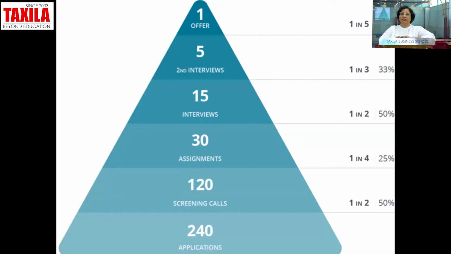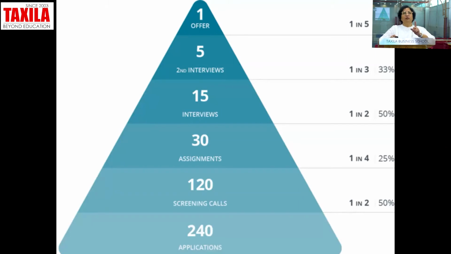And out of these 120, only to 30 people the assignment was given, because after the screening call, you eliminated 90 more names. So just 25%, 1 out of 4, you have taken at this step. And when the next step of final interview comes, maybe you are taking only 1 out of 2, just 15 people are shortlisted for the interview. Then comes the second round of interview.